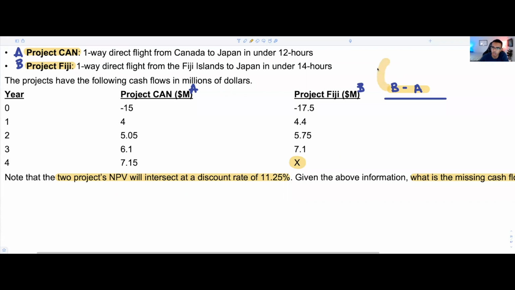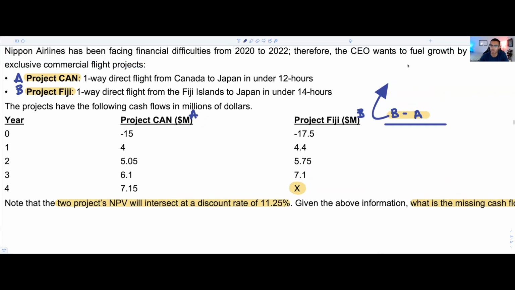So I guess we're just going to write a little note on the side here. I'm trying to make a little, there you go, the incremental cash flow method. So we can write that here as being the incremental CF.